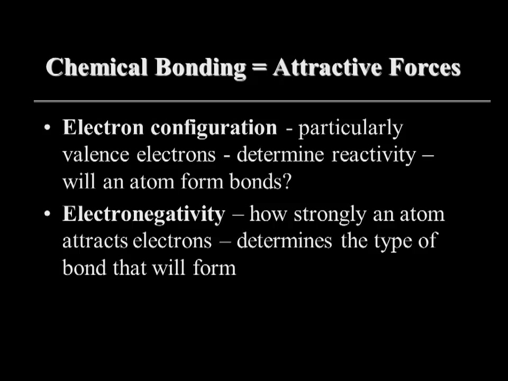So it's still important to understand that electron configuration, particularly the valence electrons, those outer shell electrons. And with electronegativity, we'll start to look more specifically at the values for each atom and how that determines what type of bond will form, whether it'll be a covalent bond, an ionic bond, or something in between.